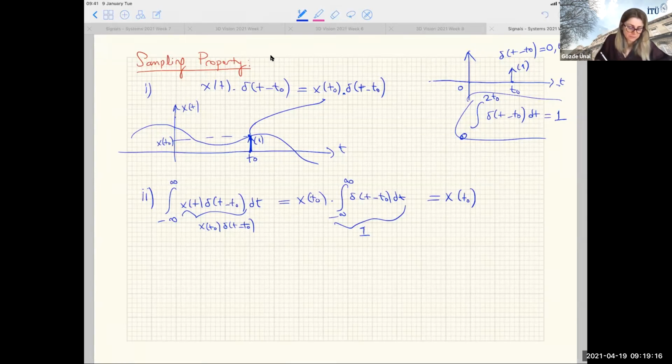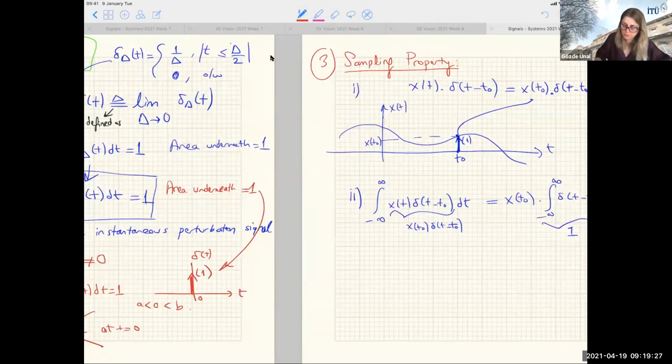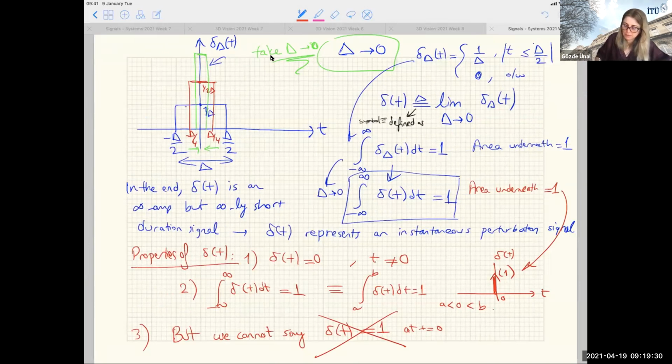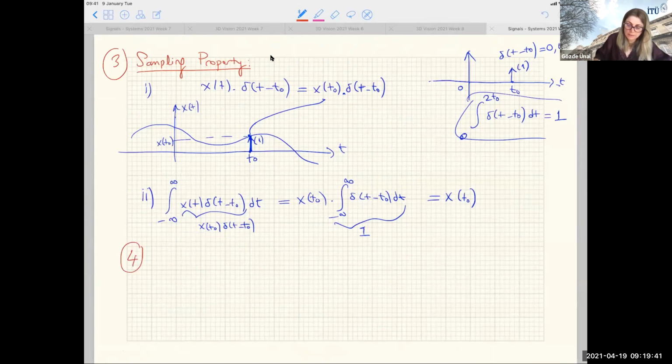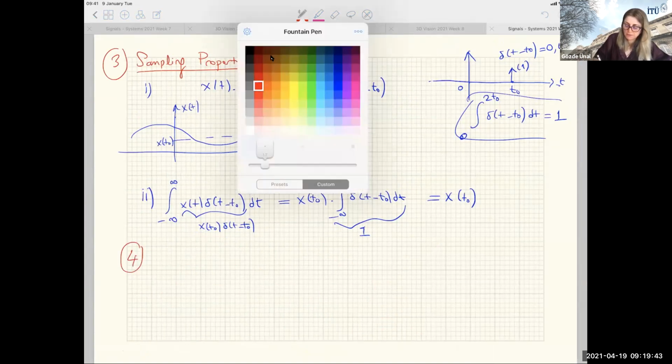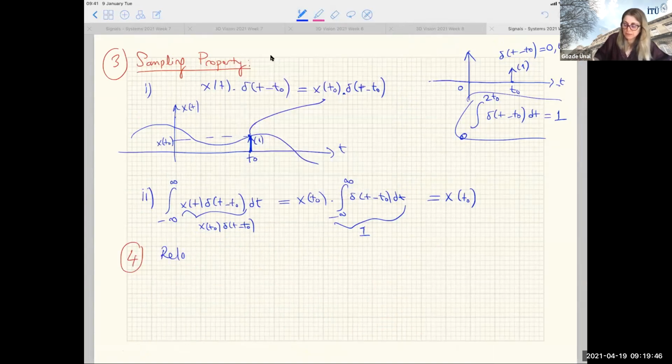Then another property, guys. So let's say this is the third property. We were studying properties of delta of t, right? 1, 2, 3, okay, this was a side to 2. Now let's go to property 4, the relation between the continuous time step function u of t and delta of t.